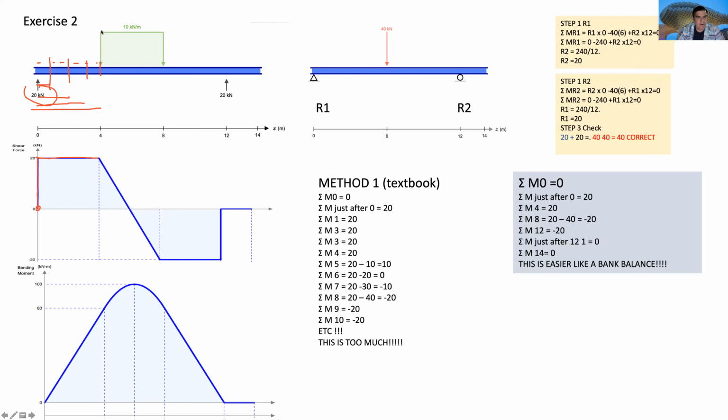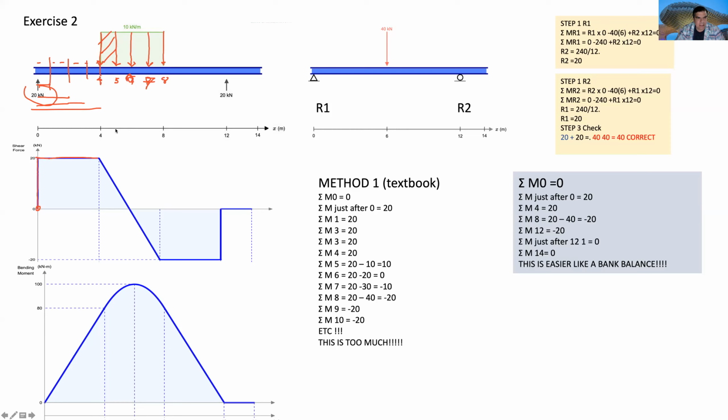But here we have a force of 10 kilonewtons per meter. I mean, you have 10 here in 4. We have 10 more when we arrive to 5, 10 more when we arrive to 6, 10 more at 7, and 10 more when we arrive to 8.